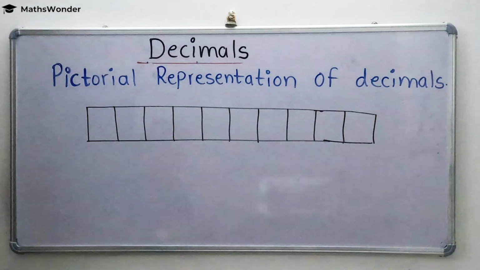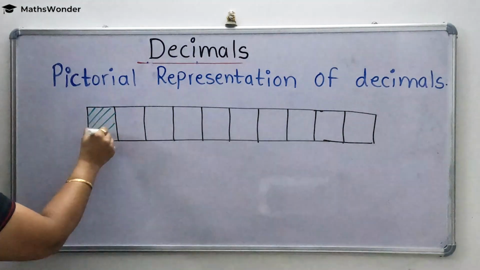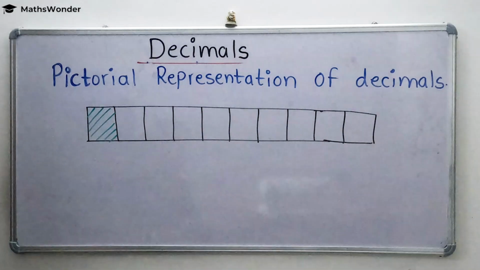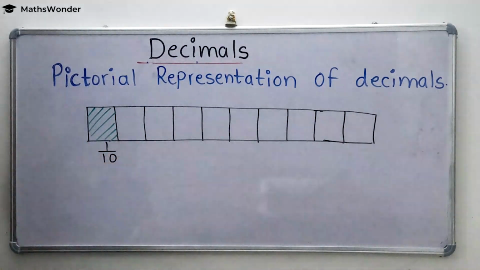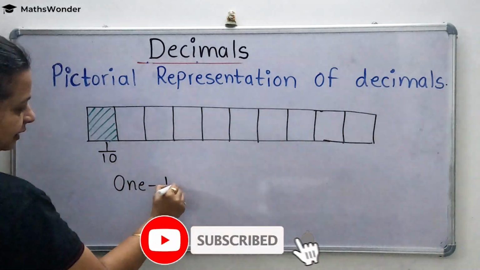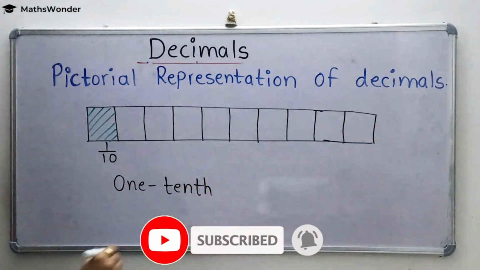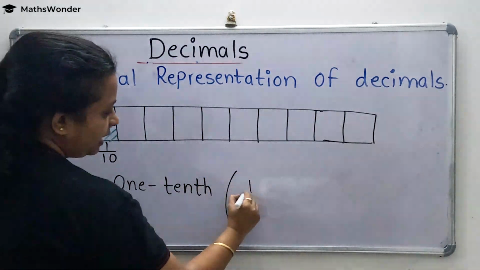Suppose I shade this part. So the shaded part of the rectangle represents 1/10, right? How will you read it? 1/10.